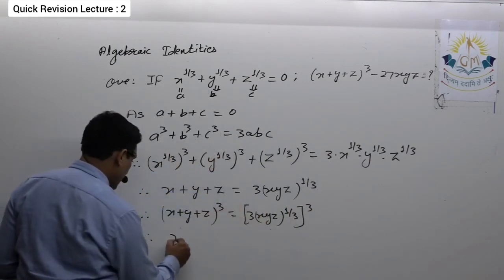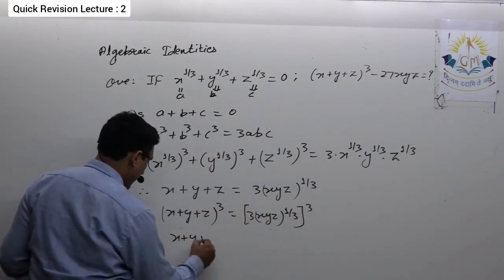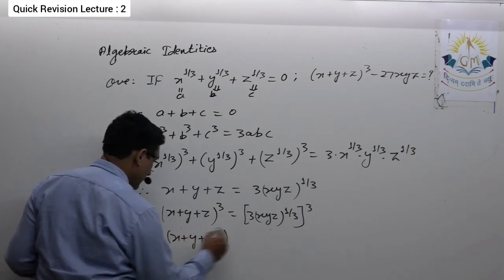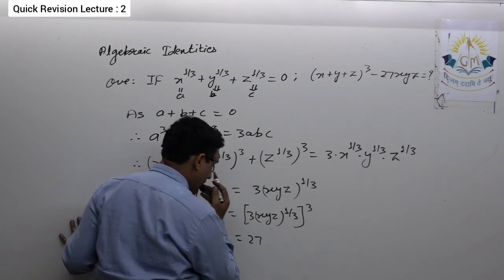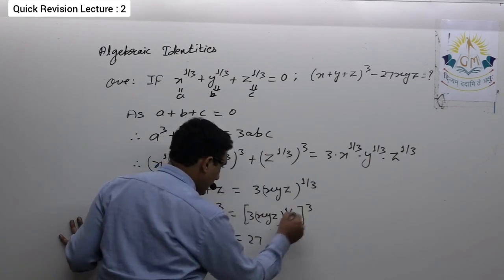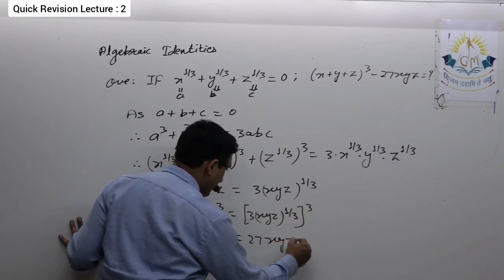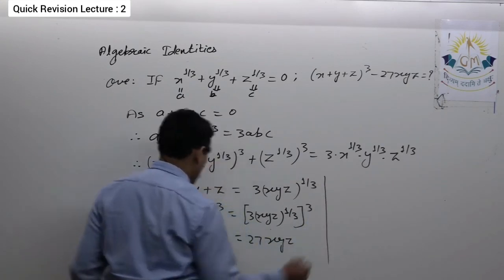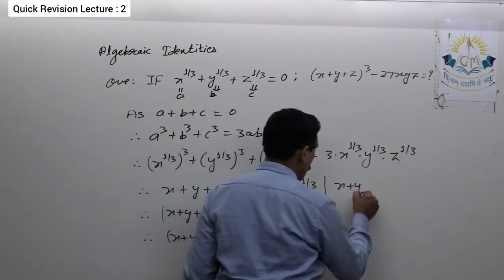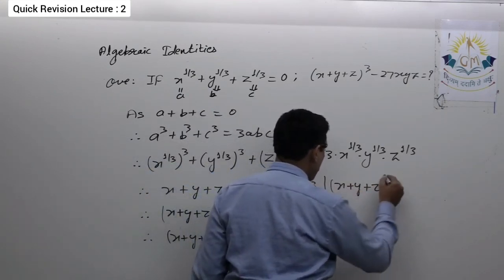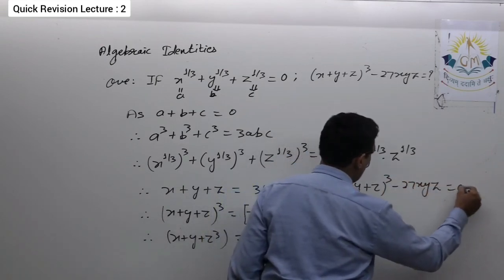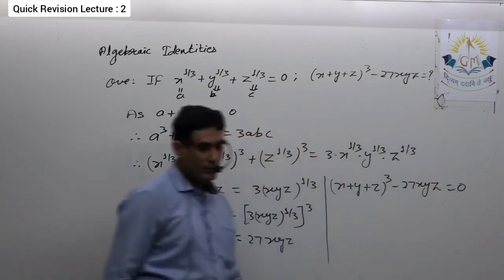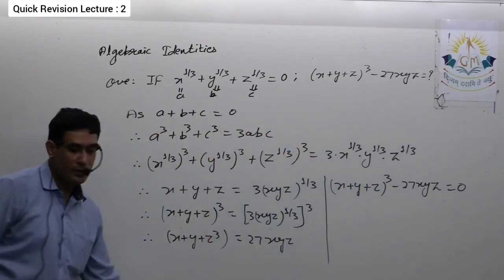That gives me x plus y plus z whole cube is equal to 27, since 3 cube is 27, and the 3 and 3 cancel out, so I get xyz. So ultimately x plus y plus z whole cube minus 27xyz is equal to 0. So the value of the expression given is 0.